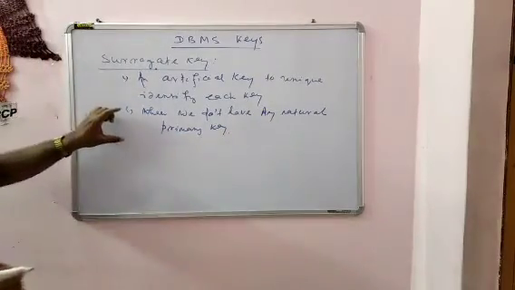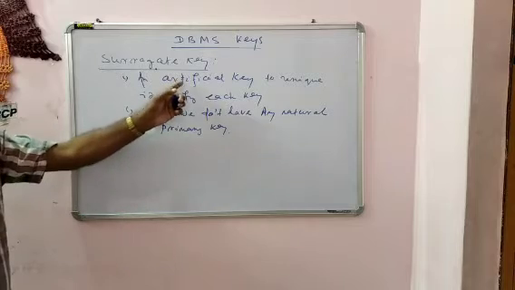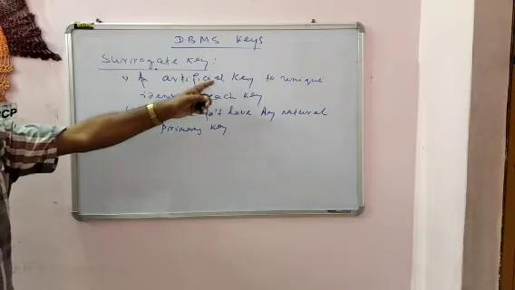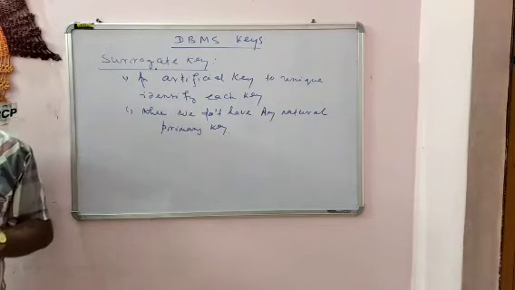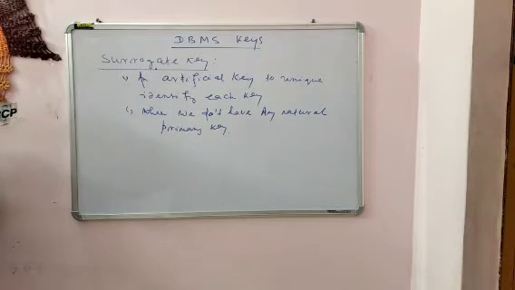Whenever we don't have any natural primary key, then this artificial key must be created, which is a uniquely identifying key. That is the surrogate key. They don't lend any meaning to data in a table.